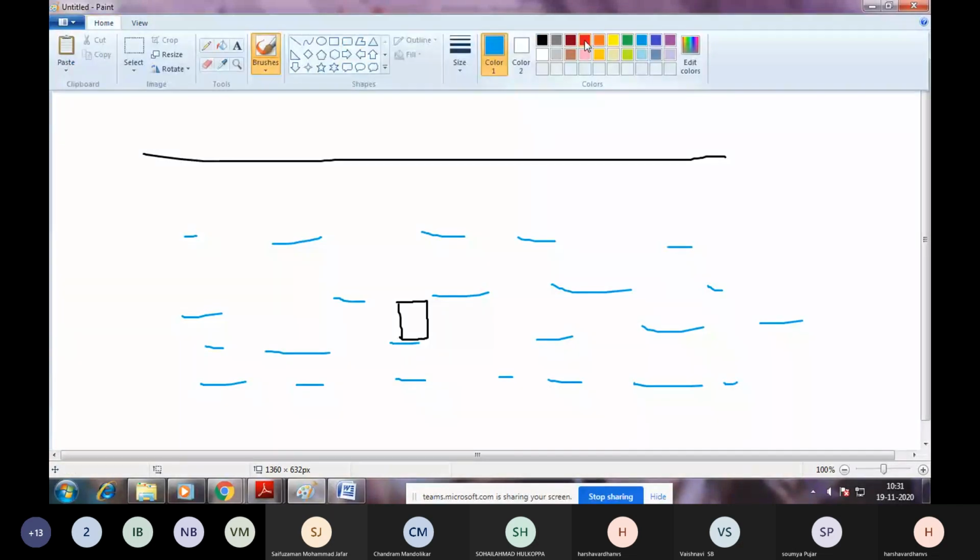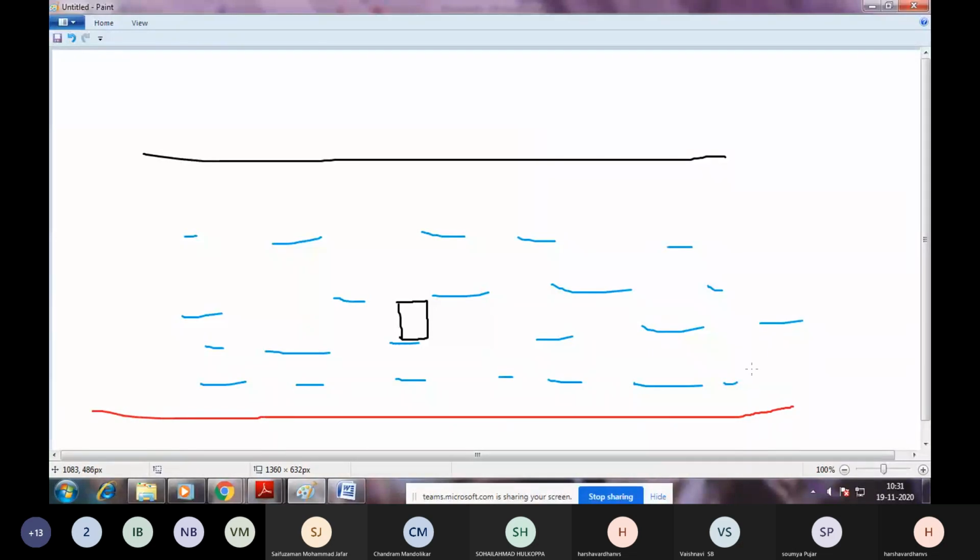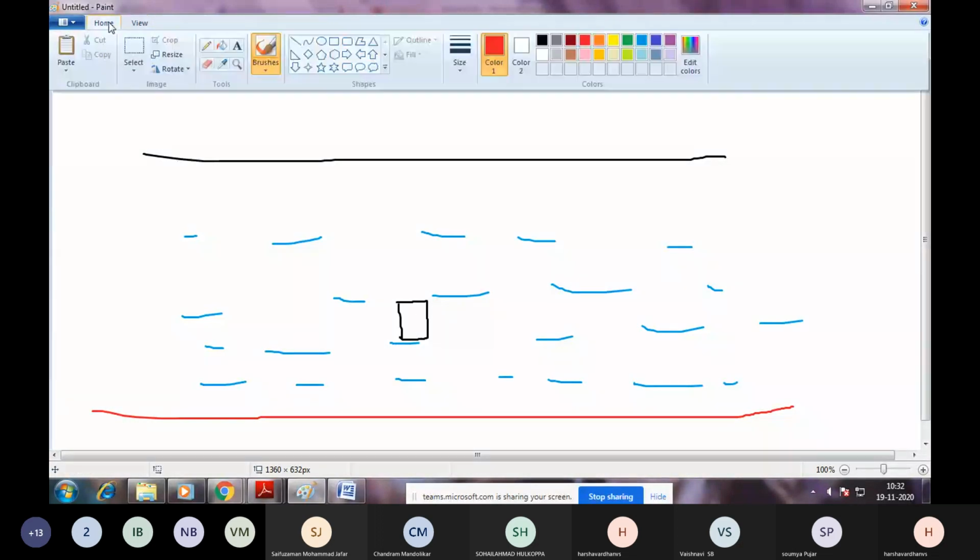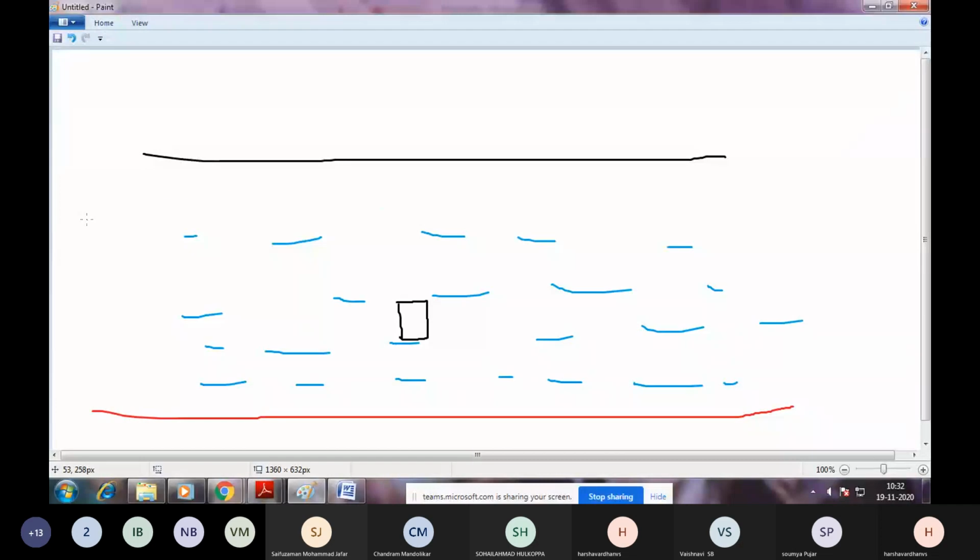If there is an impermeable layer at the bottom, the water in the soil mass will not be allowed to drain in the bottom direction. And if there is an impermeable layer at the top also, then the drainage is not allowed. The water cannot flow in the upward direction, nor in the downward direction. So there is no drainage in this type of soil mass.